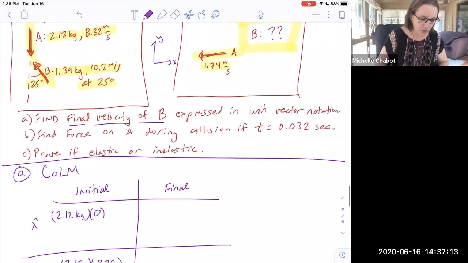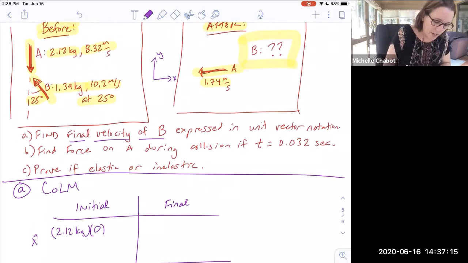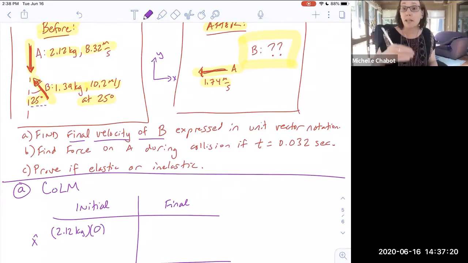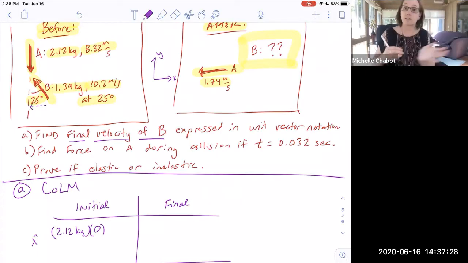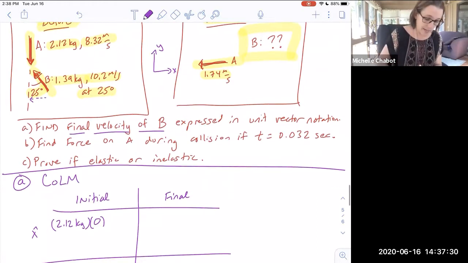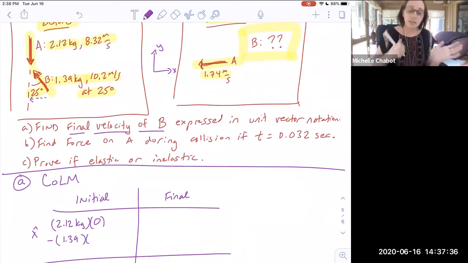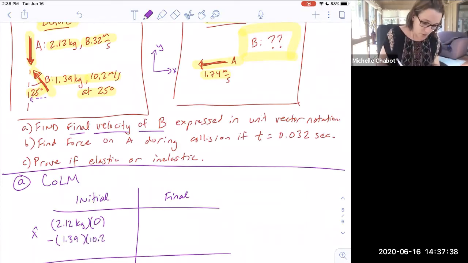So then for the X direction for B, we can see that it's going to use sine of 25 because it's opposite of 25 degrees. And my X direction initially is going to be headed negative towards the left. So it's going to have a negative times its mass, which was 1.39 kilograms, times the speed, 10.2, times the sine of 25.